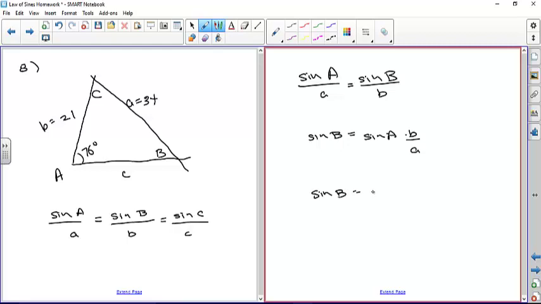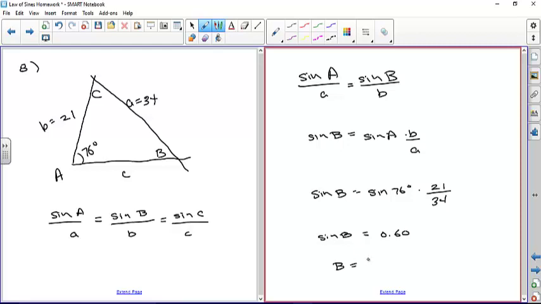Now I've got sine of 76 degrees times B, which is 21, divided by A, which is 34. Sine of 76 times 21 divided by 34 is the sine of B is equal to 0.6. And so B is the inverse sine of that number, 0.6.